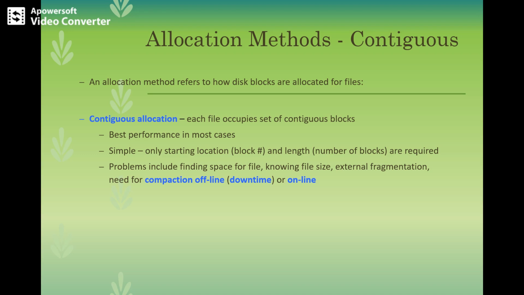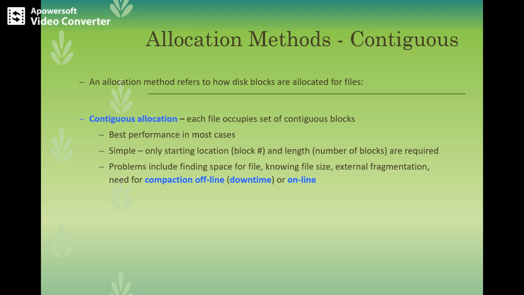So for example, accessing block B plus 1 after block B normally requires no head movement. So that is the thing that we can assume. And when head movement is needed, it is only one track. Thus the number of disk seeks required for accessing contiguous files is minimal.